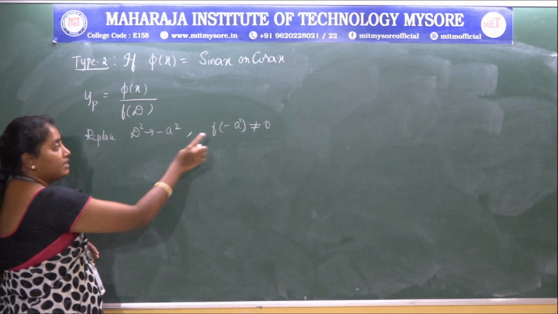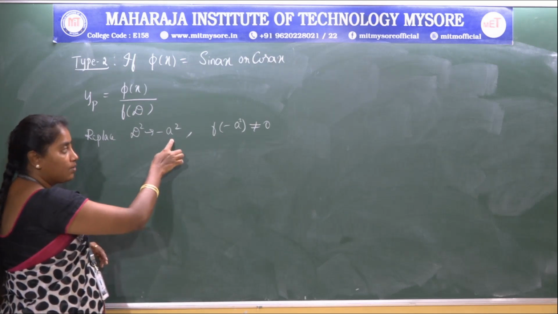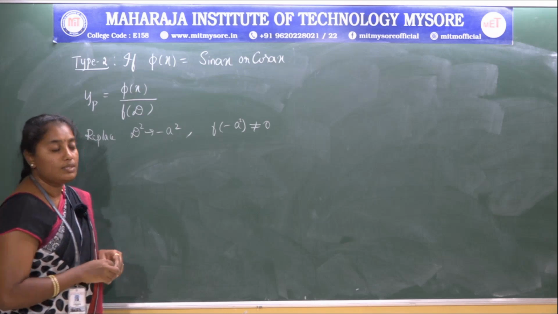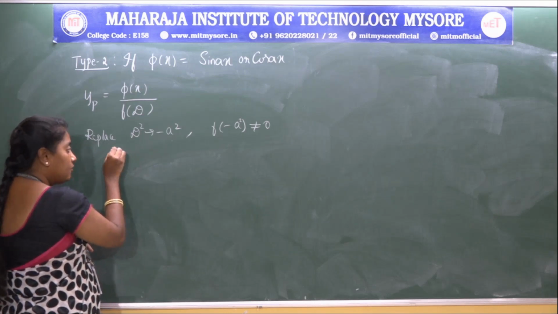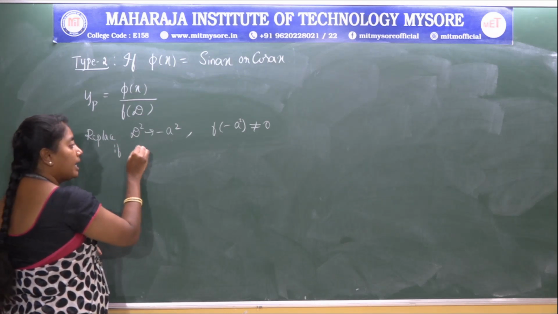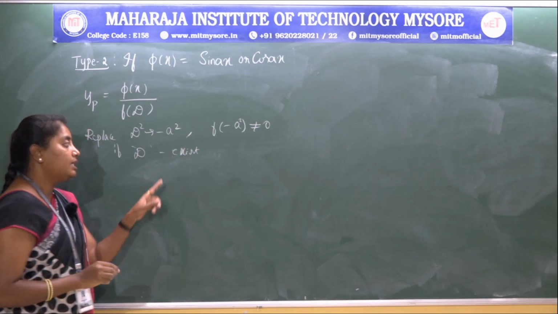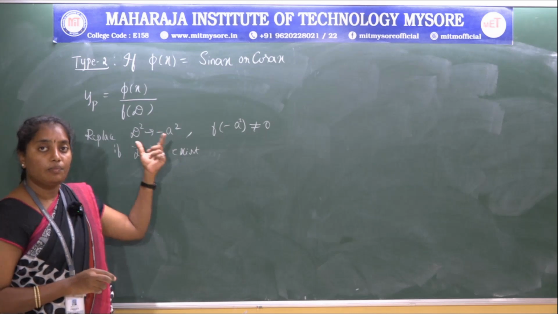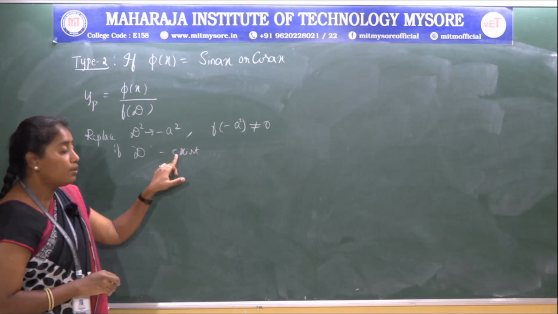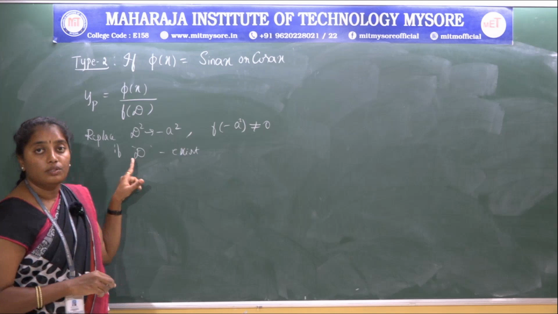In case after substituting d square by minus a square the term is not equal to 0, then if a d term exists in the denominator of that equation, we have to multiply by the conjugate of d.